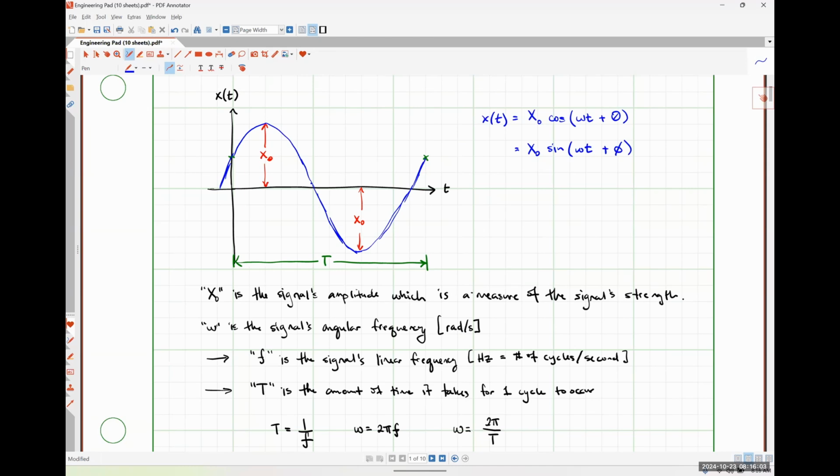Well, for this particular signal, it's hitting its peak value at some time later than t is equal to 0. And so I'm going to give this a subscript c, particularly because we're talking about how this is related for our cosine function, right? Because our expected value for cosine of 0 would be its maximum. And we see that it doesn't hit its maximum until some later point in time.